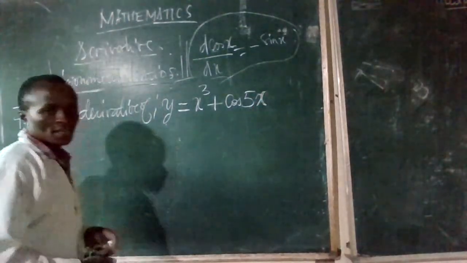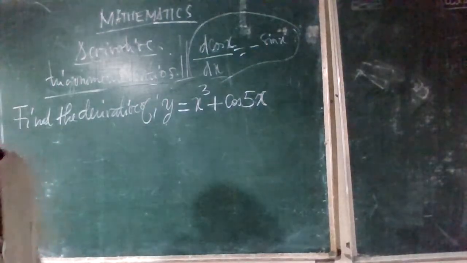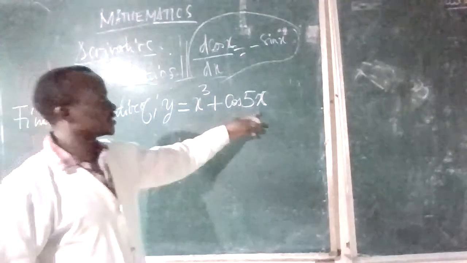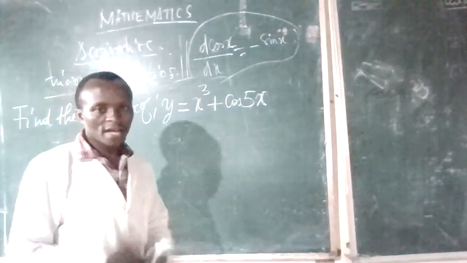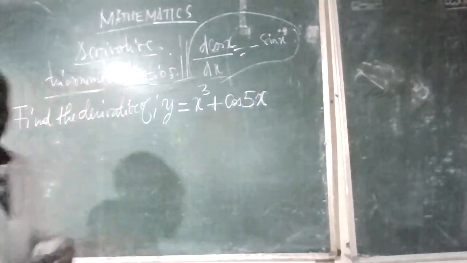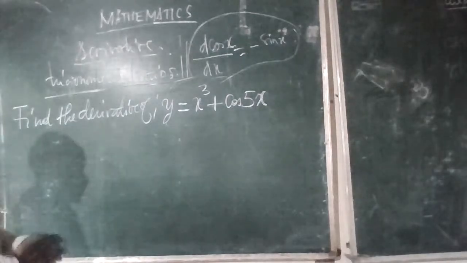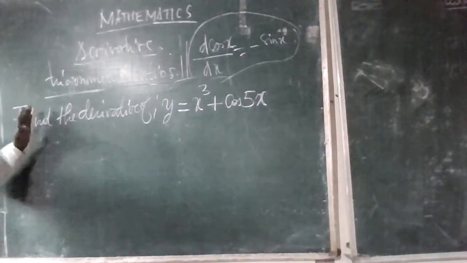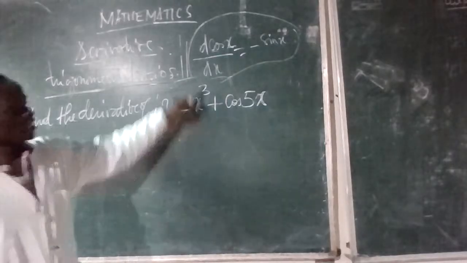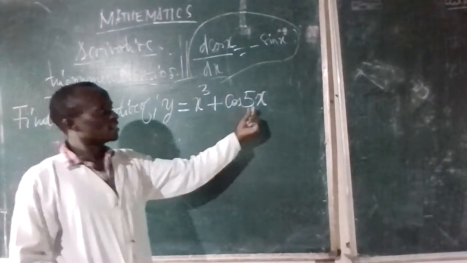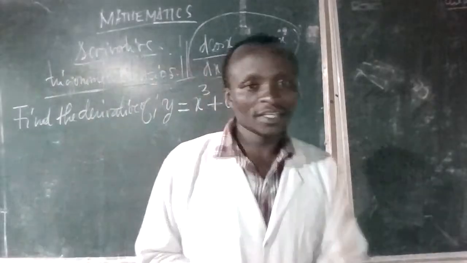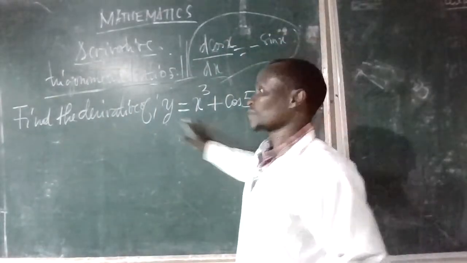This is a question that you are going to do. Personally, I don't know whether you should solve it right now, but I should take it as homework. Everyone should do this. Find the derivative of y, which is x squared plus cosine of 5x. Please, I invite everyone to do that question.